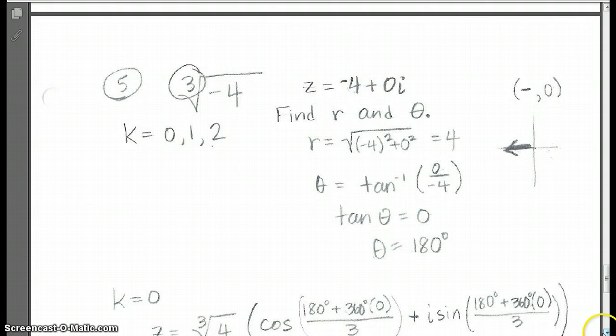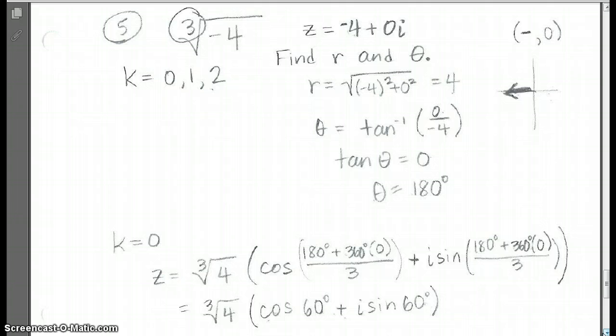And once you find what r and theta are, so when k is 0, what do I get? Well, here was my r value, again, square root of a squared plus b squared, but you want r to the 1/n, and in this case it was the 1/3 power.